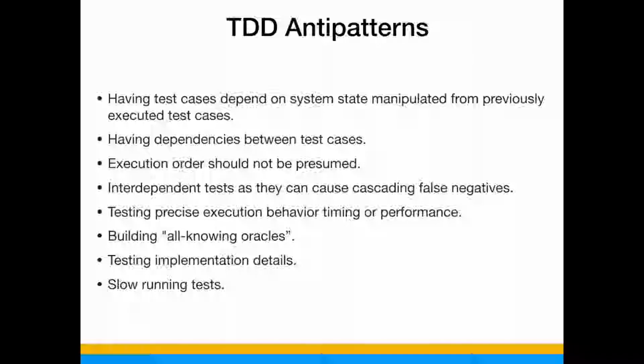Another thing would be making sure that some performance is guaranteed via TDD. In some cases you just have to allow certain timeouts, and if something doesn't happen within a reasonable amount of time, it should be flagged.